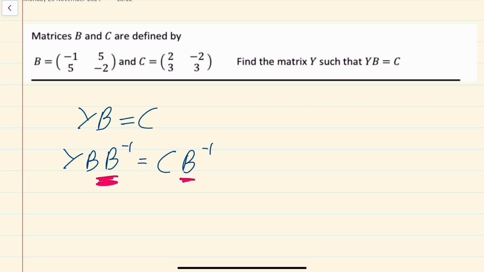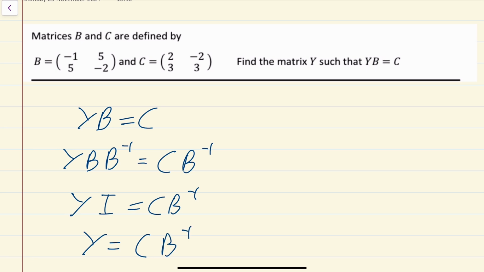When we work through that, B times the inverse of B just gives you I, which is equal to C times B to the minus 1. That means the matrix you want, Y, is equal to C times B to the minus 1.